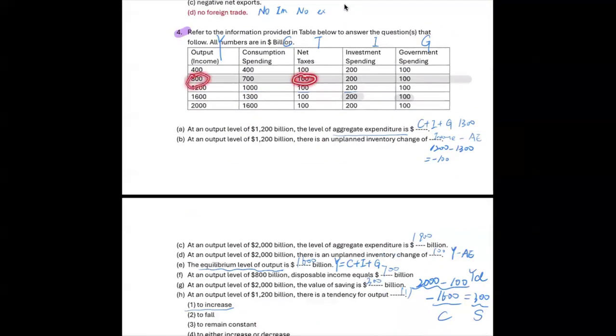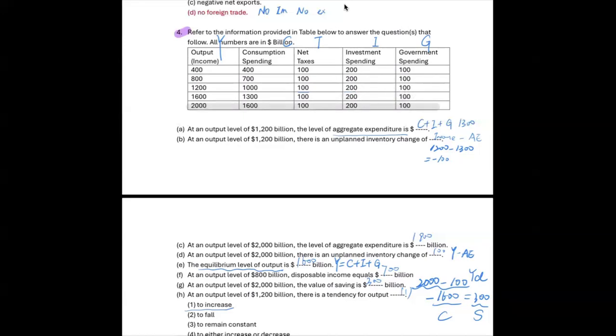What's T? 100, right? So you can get the disposable income is just 700 billion. Okay. And for the next one, at an output level of 2000 billion, we only look at this row.